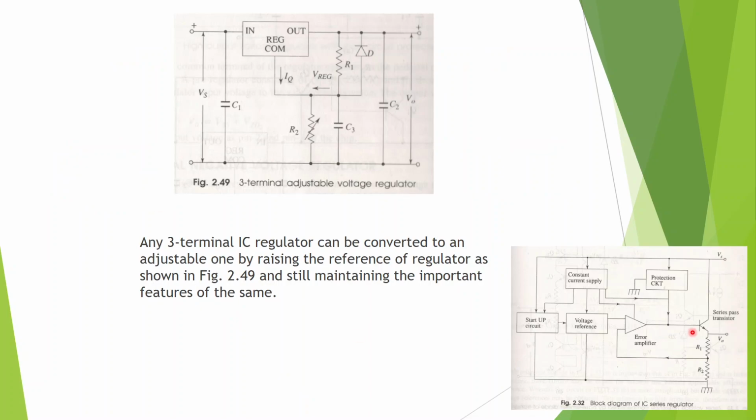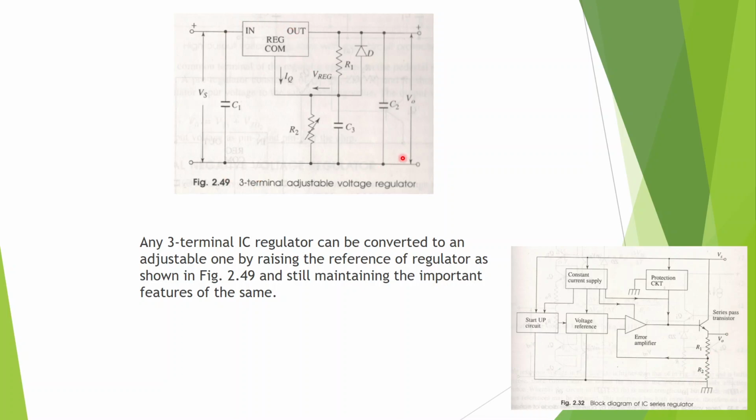So in our previous lectures we have seen that for a fixed voltage regulator, the feedback resistors R1 and R2, from which the output voltage is fed back to the error amplifier, are given inside the IC. Whereas in the case of an adjustable voltage regulator, these resistors are kept outside the IC.